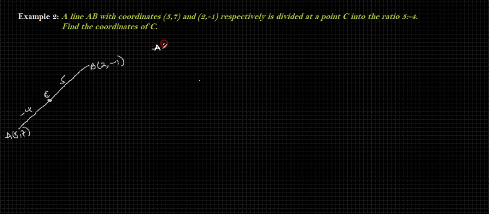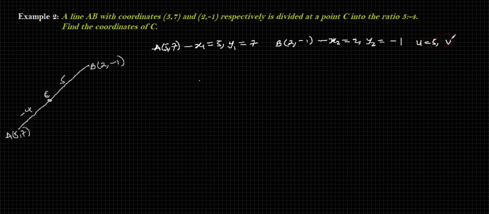We have coordinate A to be (5, 7), which means x1 is equal to 5 and y1 is equal to 7. We also have point B, which is (2, minus 1). It means x2 is equal to 2 and y2 is equal to minus 1. And we have the ratio u to be equal to 5 and v to be equal to minus 4 respectively.